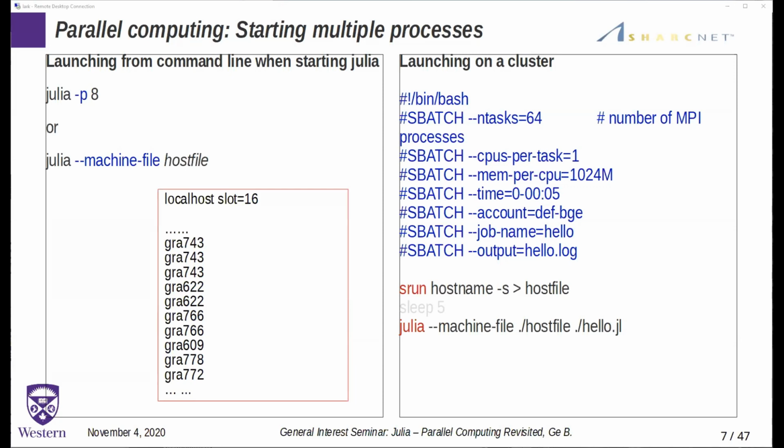Or on the cluster, the machine file or host file will consist of a list of nodes. For example, in this example, it shows I have a node on the cluster Graham.